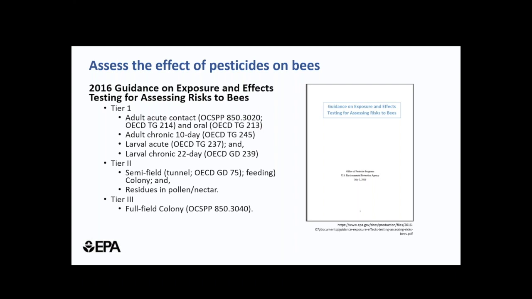For each of the acute and chronic toxicity studies of adult and larval bees, there are guidelines outlining the study protocols, which have been tested internationally to establish that they are reproducible and provide consistent results across multiple testing facilities. Many of these test guidelines are published by the Organization for Economic Cooperation and Development, abbreviated the OECD.